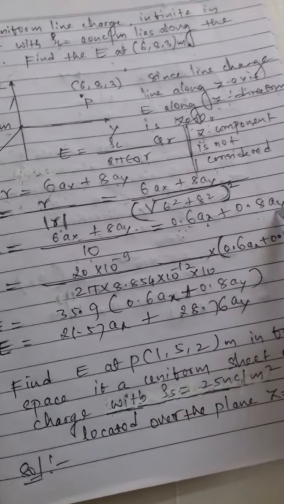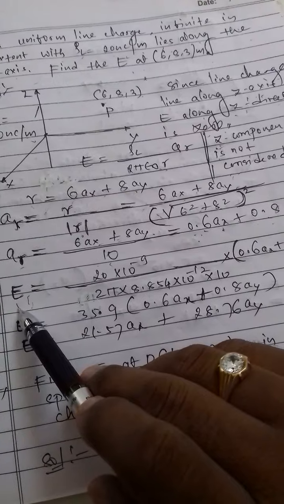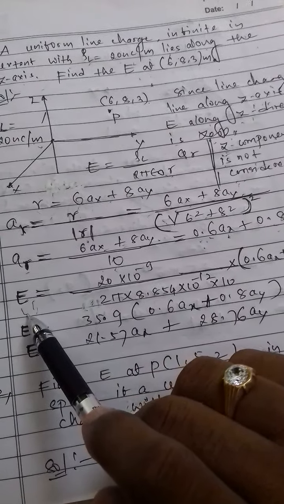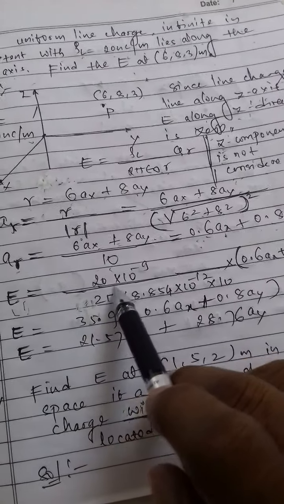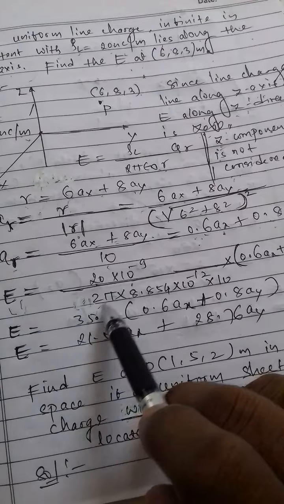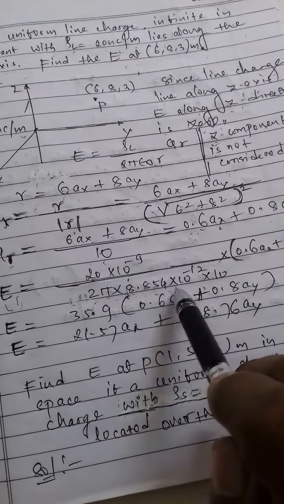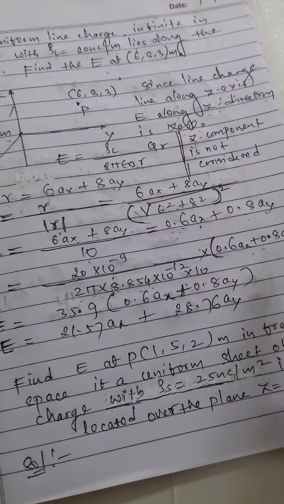So the electric field intensity E at point P due to the line charge along the z axis can be written as rho L, 20 into 10 raised to minus 9, upon 2 pi epsilon naught r, that is 2 pi times 8.854 into 10 raised to minus 12 into 10, times (0.6ax plus 0.8ay).